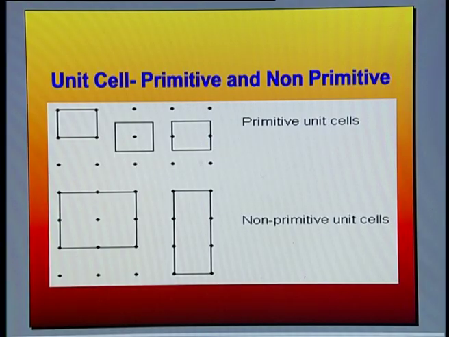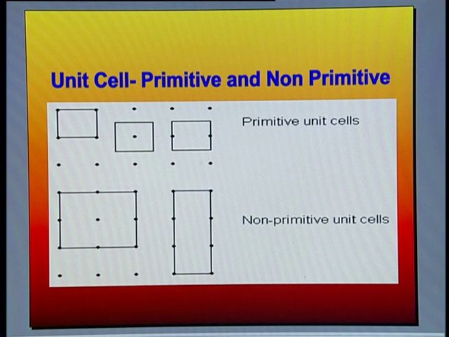Let us try to understand the difference between them. In a primitive unit cell, you have lattice points only at the corners of the unit cell, whereas you have other types of unit cells where you have lattice points in addition to the corners at some other points also.